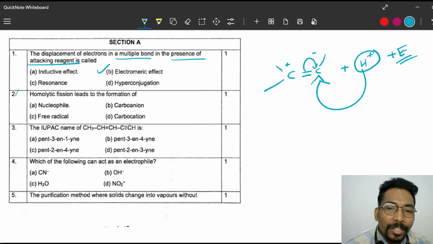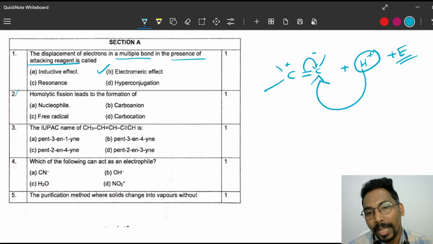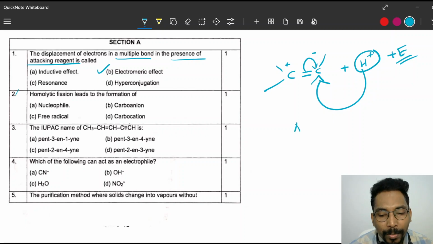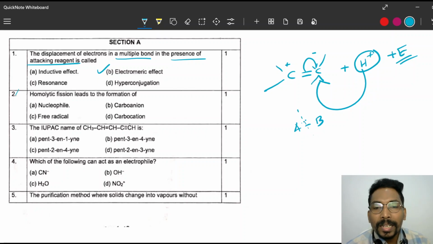Homolytic fission leads to the formation of: nucleophile, carbanion, free radical, carbocation. So what is homolytic fission? Homolytic fission means the bond is breaking in such a way that each of the participating elements gets one of the shared pair of electrons.